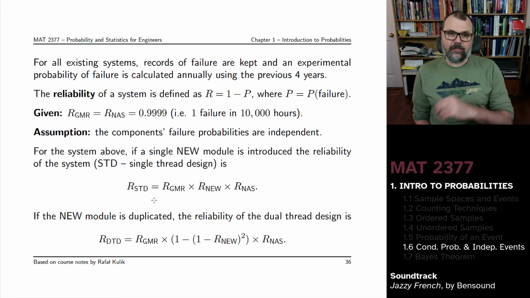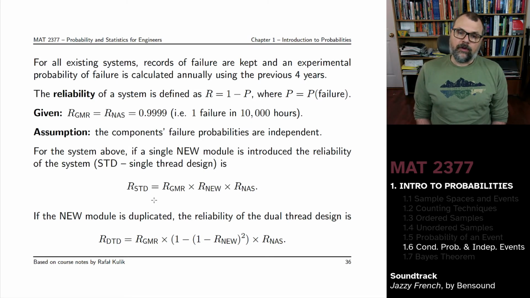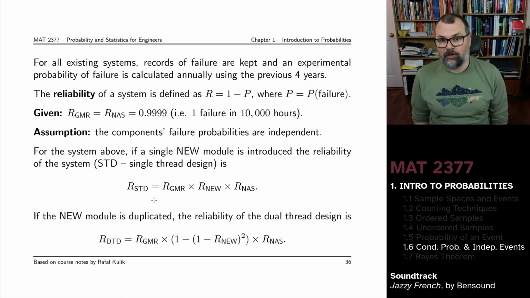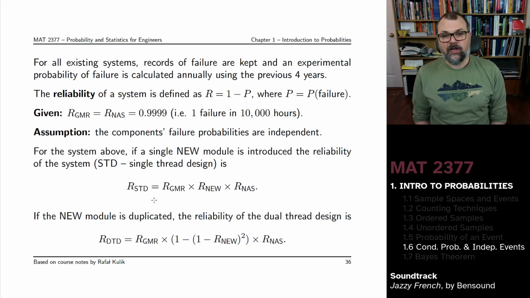Perhaps you run some experiments for all of these 3 systems, and you have a record of their failures, how often they fail. And presumably what we get is a way to estimate the experimental probability that they would fail, and you compute this experimental probability using 4 years worth of data.